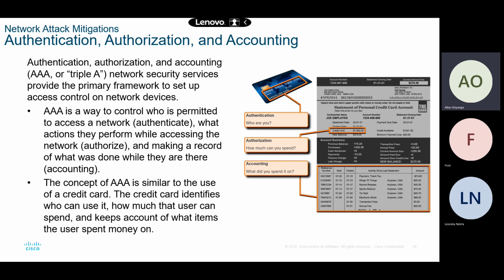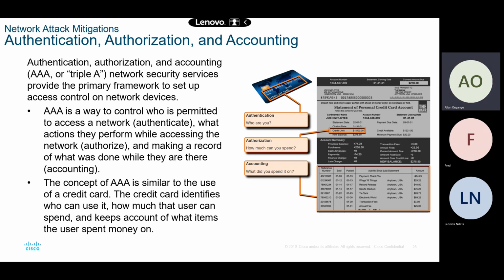You cannot withdraw coins from the ATM. Those are very key terms. So once you are authenticated, you can only do what you are authorized to do. That's authorization. What are you able to do once you are in the system, and what are you not authorized to do?